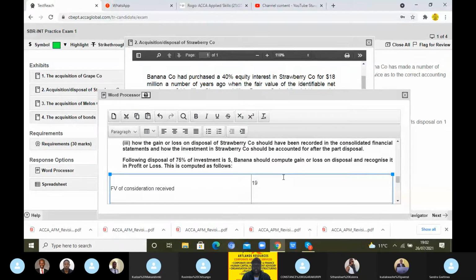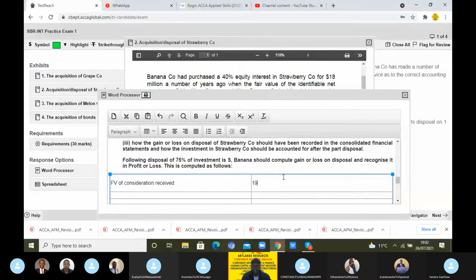And then you say, add fair value of any remaining interest.